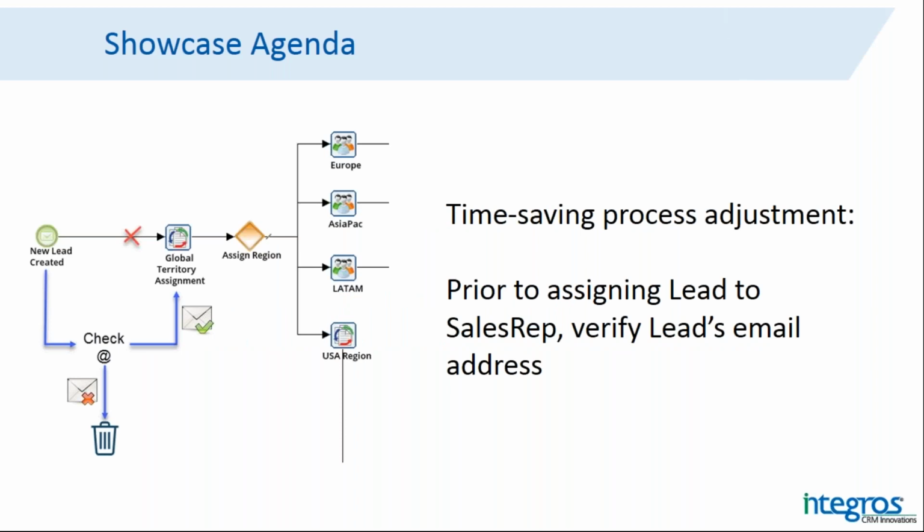Basically, we are going to add several steps to this process to send the email address for validation and evaluate these validation results. So only leads who passed email verification will proceed to the lead routing process.